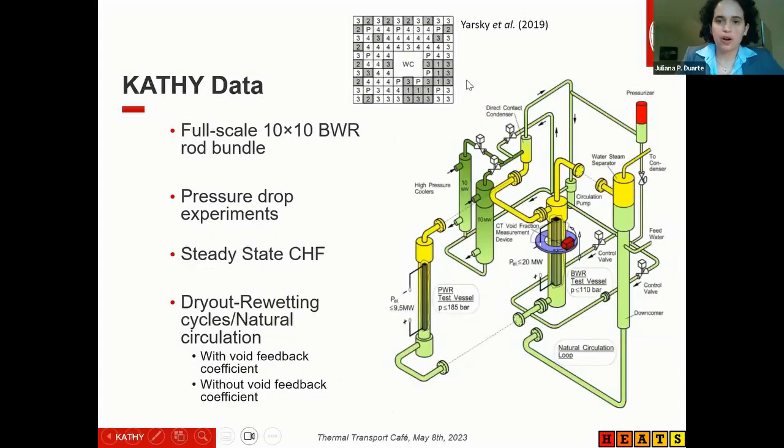No, they are not installed in all of these rods. The ones in gray here are instrumented, and they are located in a few positions. The number of thermocouples is not proprietary, but the location of the thermocouples is proprietary.